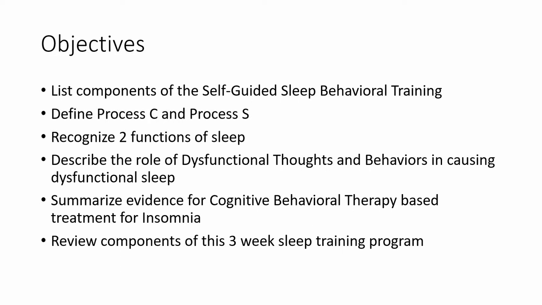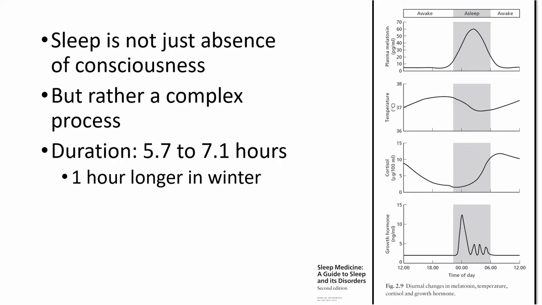Describe the role of dysfunctional thoughts and how it impacts your sleep, because that is going to be one of the things we're going to try to target. And then you'd also want to know the evidence for the type of training that you will be undergoing. And then finally, an overview of what to expect for the 3 weeks that this training program entails.